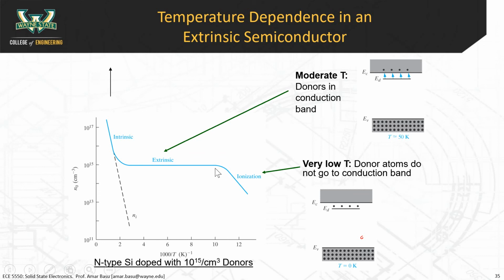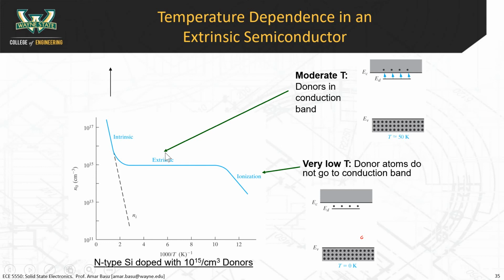From 50 Kelvin onwards, you have basically a fixed electron concentration. This is the electron concentration that we generally talk about in our problems. If you dope with 10 to the 15th of phosphorus, you're going to get 1 electron for every phosphorus dopant that you put in there, and so your electron concentration is 10 to the 15th. This is called the extrinsic region.